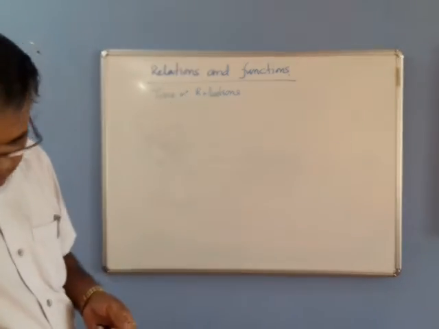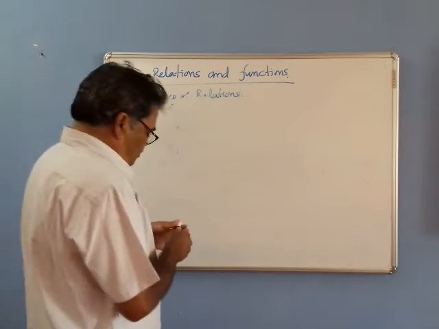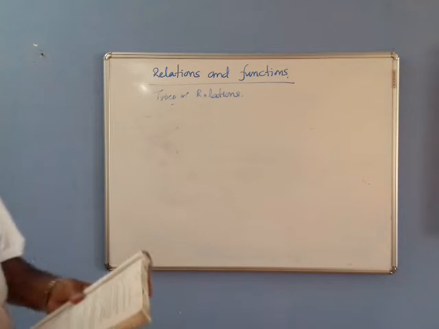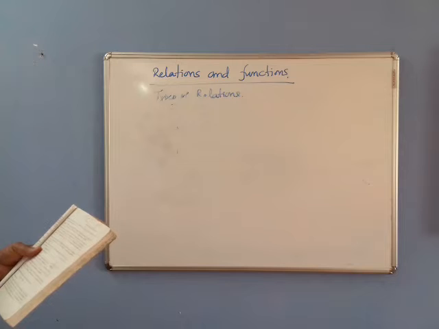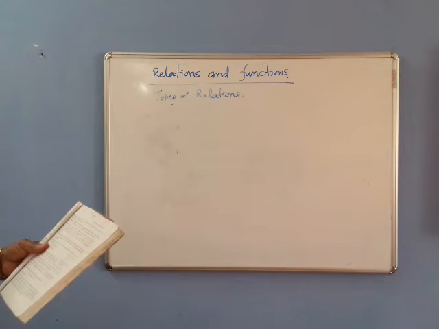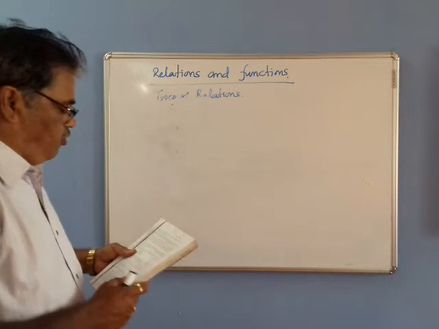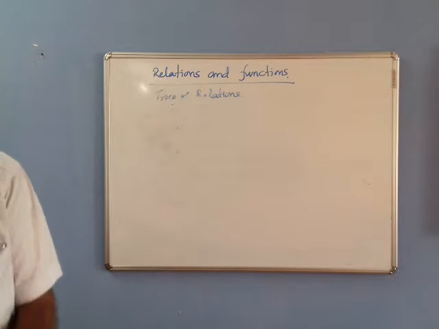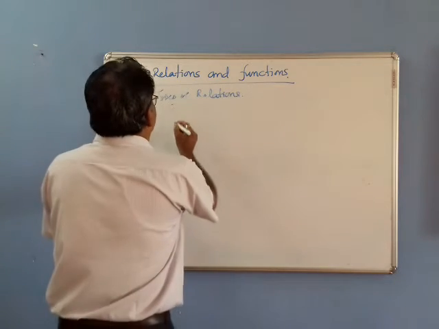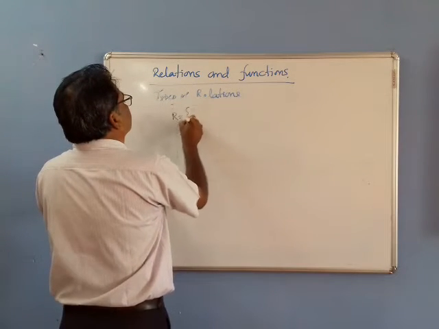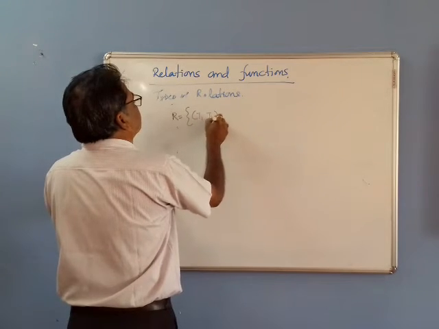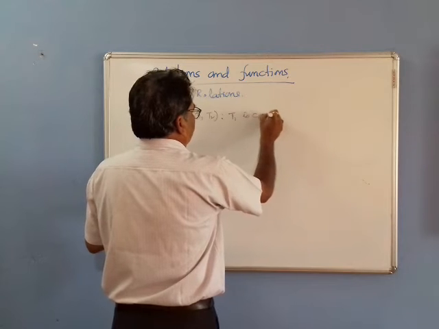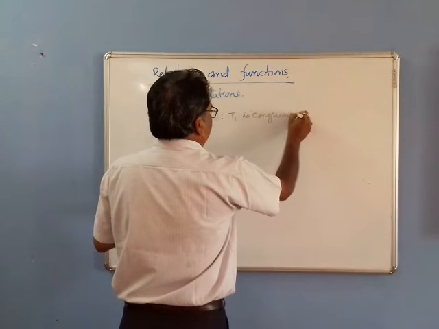We will see one example on this. A relation R in a set A is called equivalence relation if R is reflexive, symmetric and transitive. Let T be the set of all triangles in a plane, with R the relation in T given by R = {(T1, T2) such that T1 is congruent to T2}.